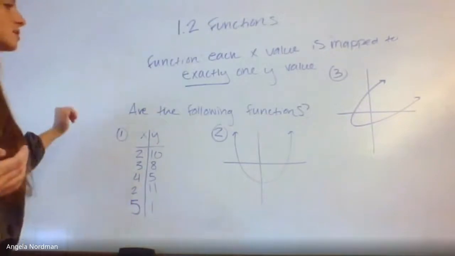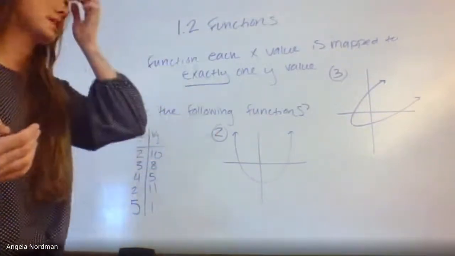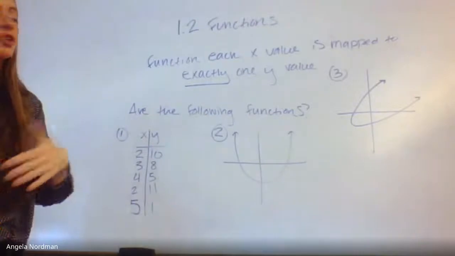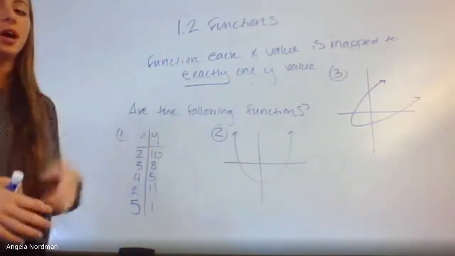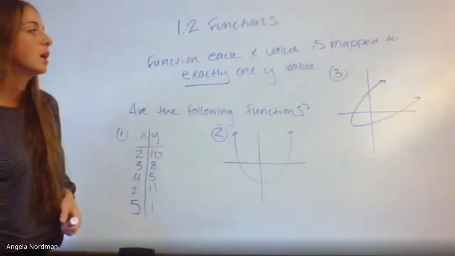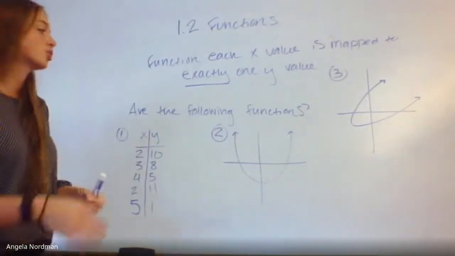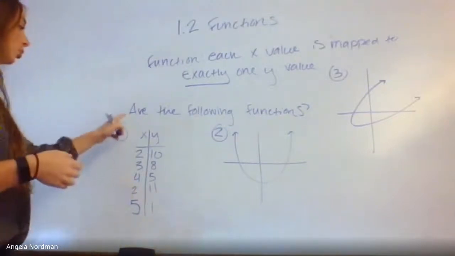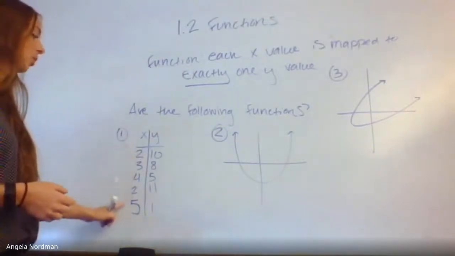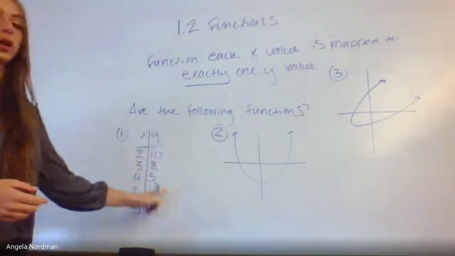So I gave us the following 3 examples to try to say, is it a function or not? We're going to go through all 3 of them. When we're looking specifically at points, I should only have one x value that's mapped to one y value.